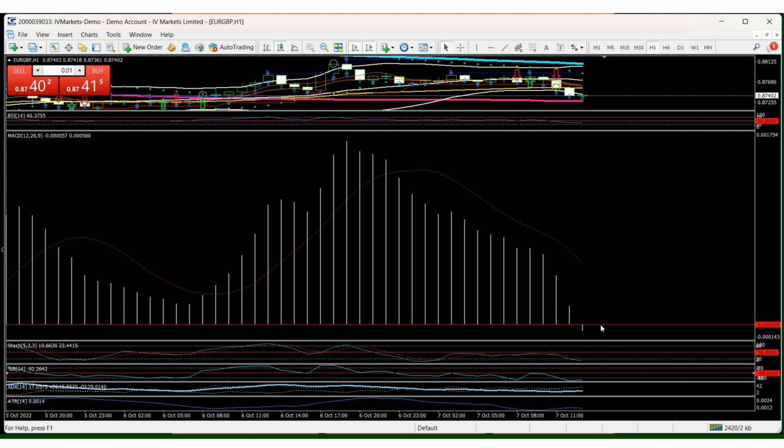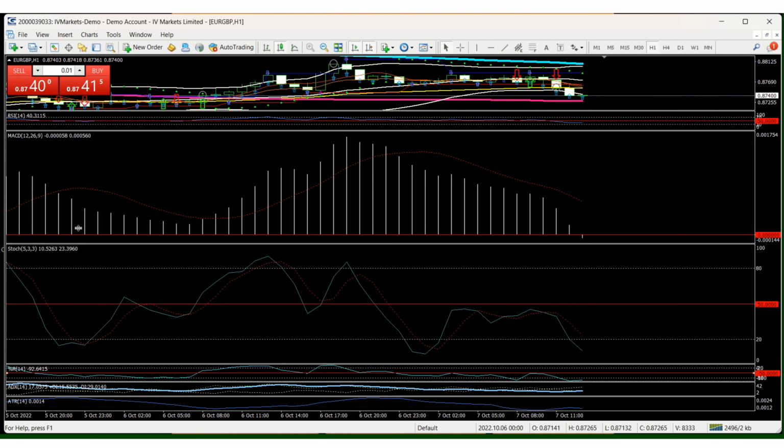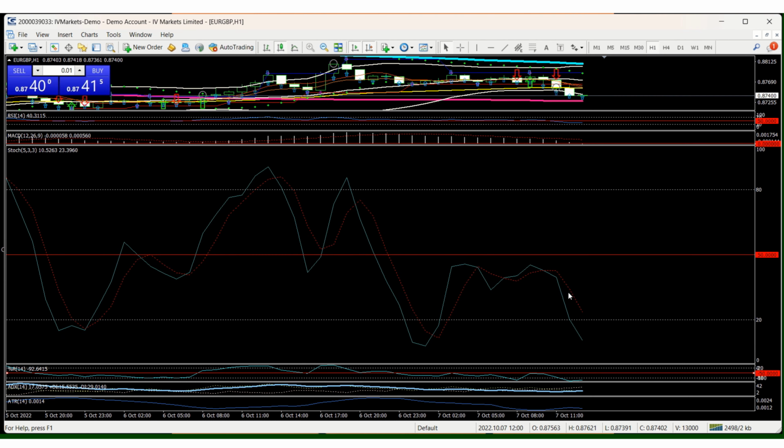The stochastic, if we find the stochastic, it is at 53. So here the stochastic, if you see, it is 100, 80, 50, 20 and 0. Here it says it is a downtrend. It's also telling us that the two trend lines that we can see, the second dotted line is coming towards 0 to 20.